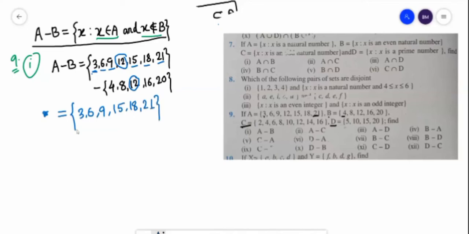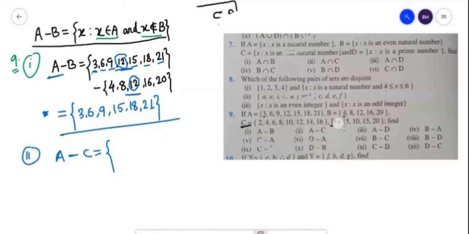That implies if any common element is there, we have to subtract that element from the set A. Then we can find the difference. This is A minus B. Now number 2, A minus C. This will be the same thing. If any common element is in A and C, we have to subtract it from the set A. Check any common element.